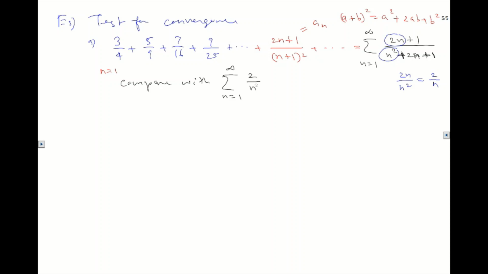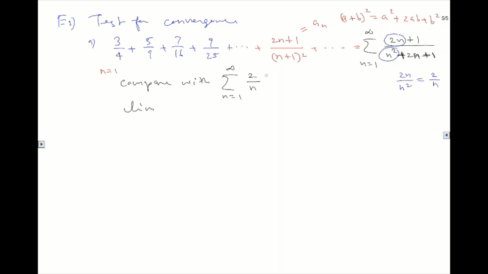Now you know where the 2 over n is coming from. If you're going to simplify, you only pick the largest terms and then simplify. That's going to be the series to compare. So we're going to compare with this one. Now you know that automatically the limit is 1 because you only pick the largest terms. It's always 1. It's one of the things the book doesn't discuss that way, but doing it this way is much faster. So the limit.